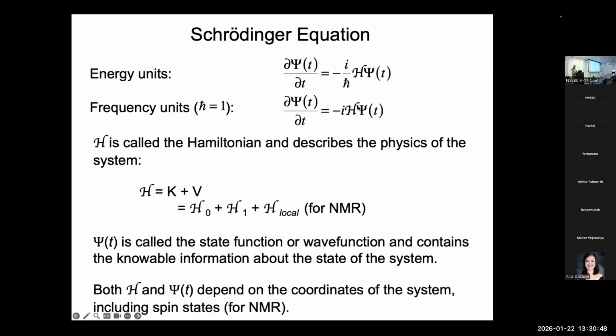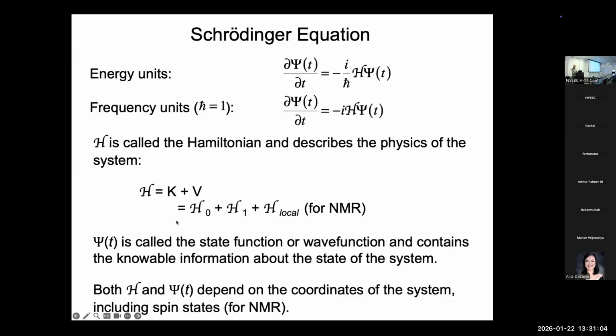And then the wave function is what we would like to know. And to know it, to solve this differential equation, we have to know H. And H is called the Hamiltonian.